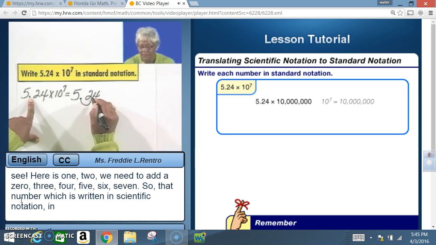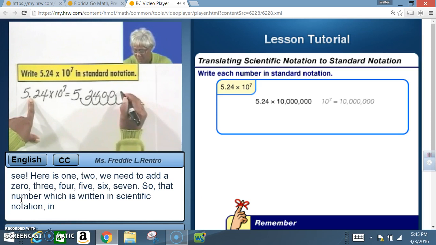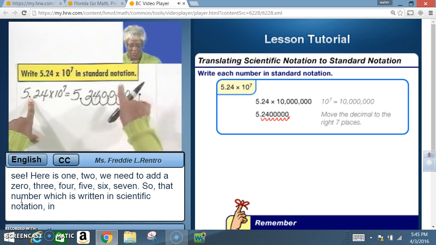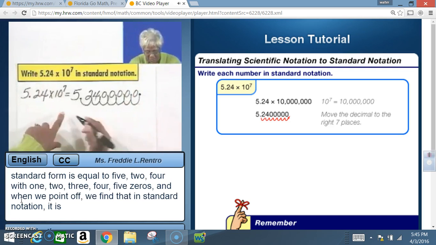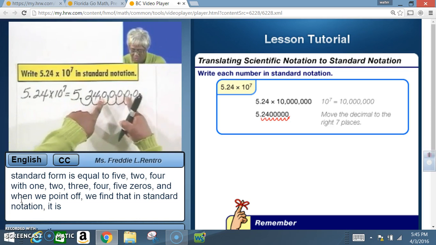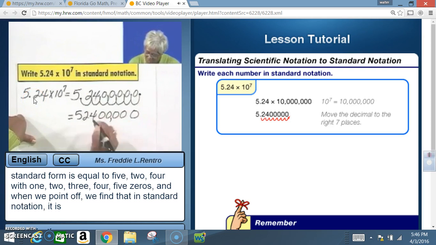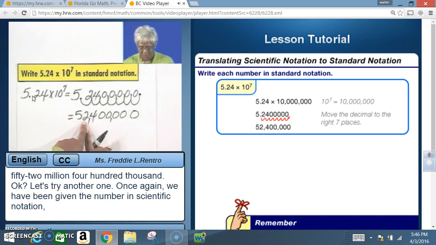Here's 1, 2, we need to add a 0, 3, 4, 5, 6, 7. So that number, which is written in scientific notation, in standard is equal to 5, 2, 4, and 5 zeros. And when we point off, we find that in standard notation, it's 52,400,000.